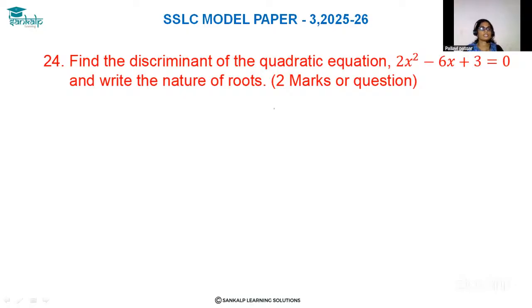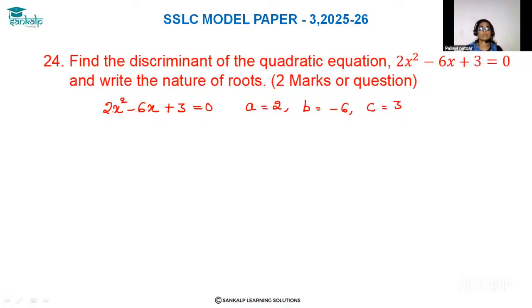So here the given equation is 2x square minus 6x plus 3 is equal to 0. So the coefficients are a is equal to 2, b is equal to minus 6 and c is equal to 3.